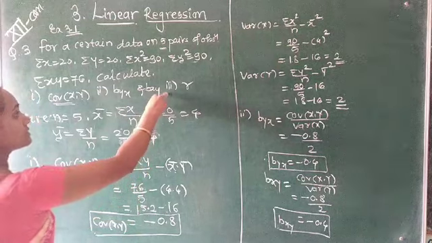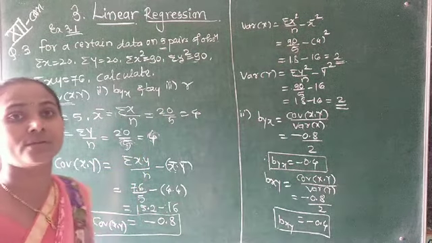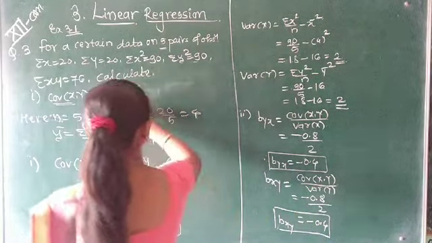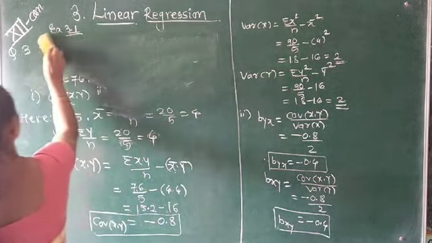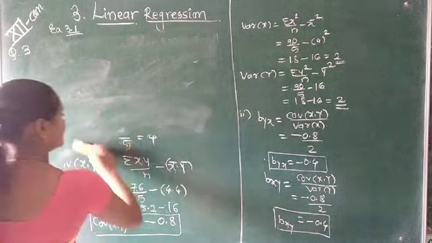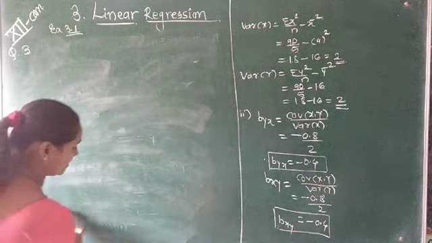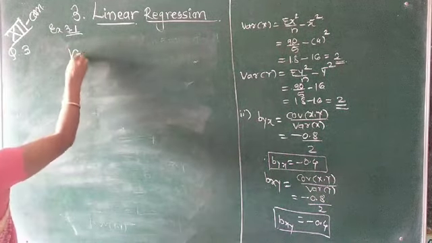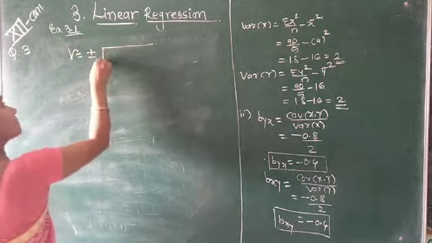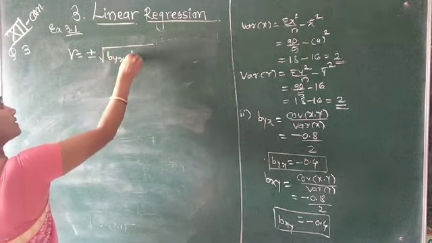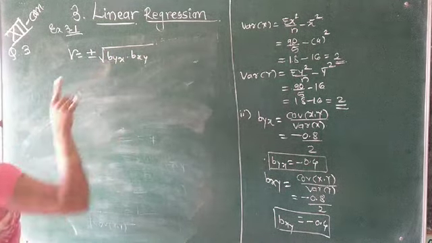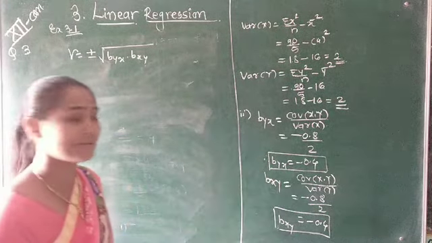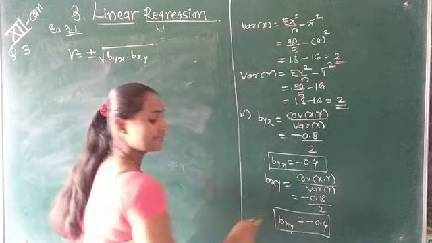Now the third one is to find r, the correlation coefficient. The formula for the correlation coefficient r is plus or minus the square root of byx into bxy. Remember that the sign of the correlation coefficient is the same as the sign of byx and bxy.